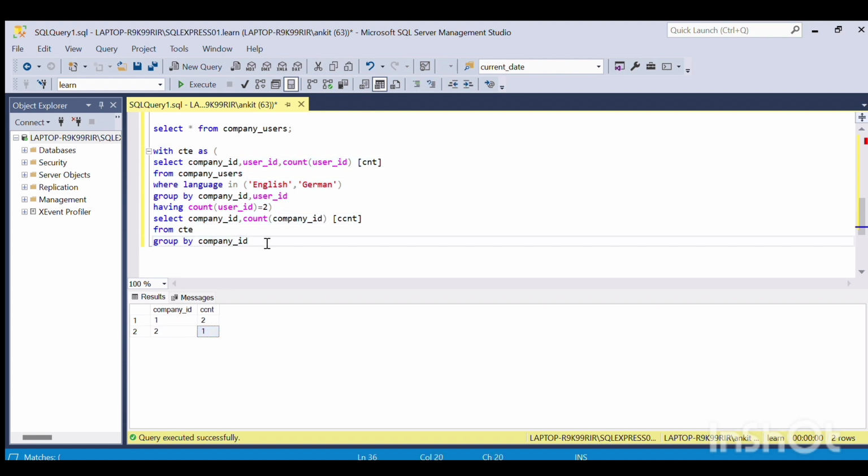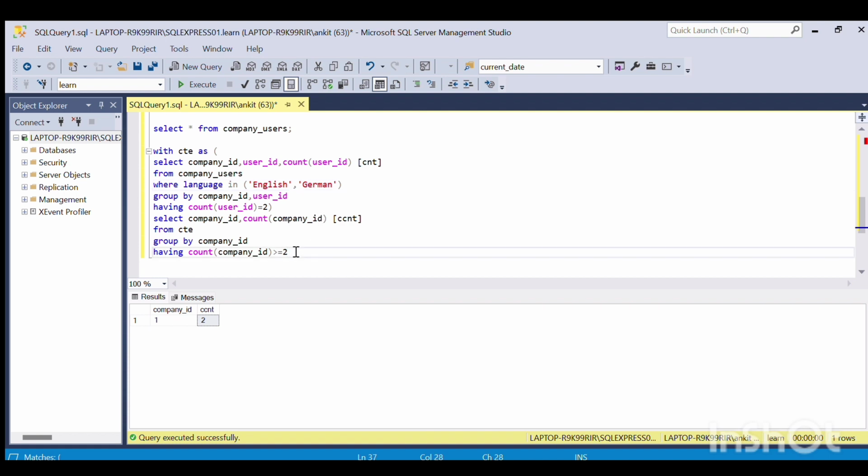Now what I'm going to do is add having count of company ID greater than or equal to 2, at least 2. And see, we are getting company ID 1 satisfying our condition. It has two users who know both the languages, English and German.